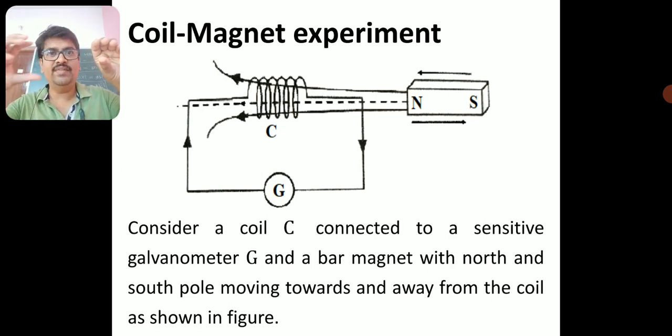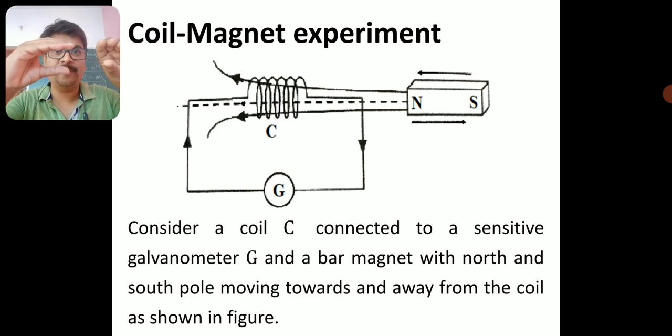Even if you move the coil, the same thing is observed. The galvanometer shows deflection in one direction when you move the coil towards the magnet. When you move the coil away from the magnet, the galvanometer shows deflection in the opposite direction, which clearly shows that there is some current flowing in the coil when you move it towards or away from the magnet.